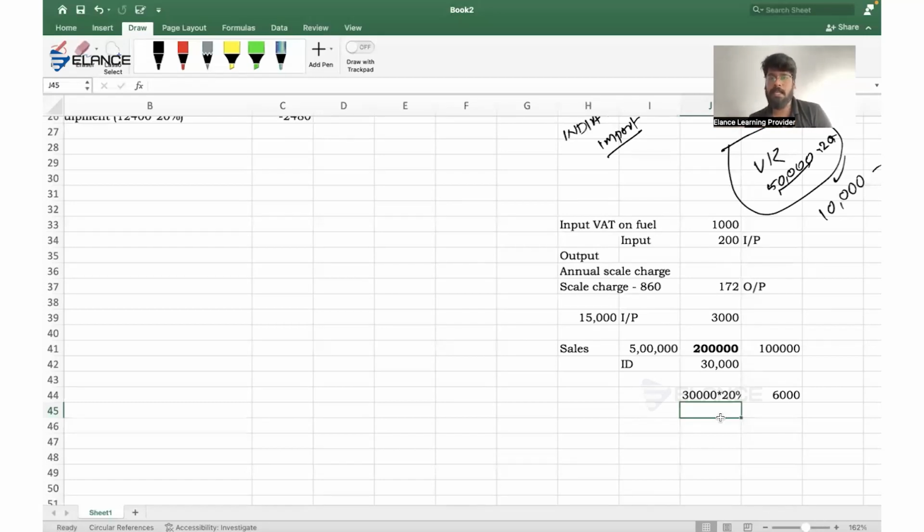HMRC mentioned a time criteria. We can only reclaim the input VAT on irrecoverable debt after 6 months of the due date.